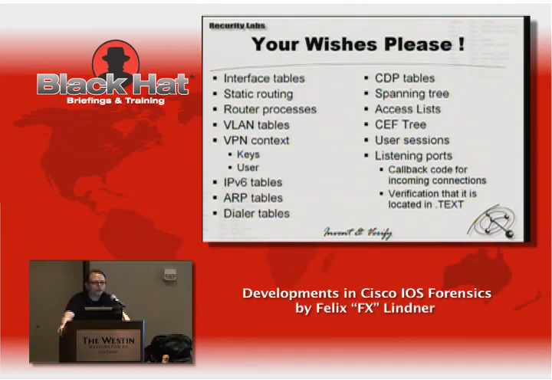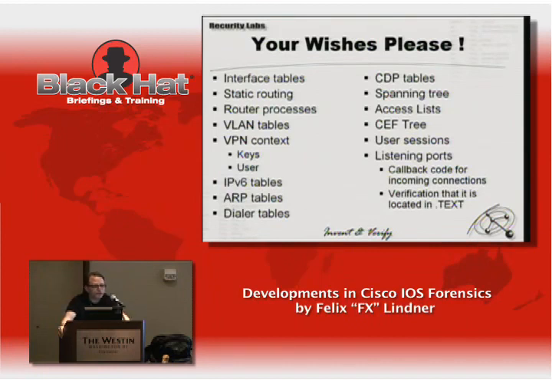So as I said in the beginning, I'm here to ask for your wishes and feedback. This is some of the stuff where I think I can claim we can extract that within a reasonable amount of time without leaning myself too far out of the window.